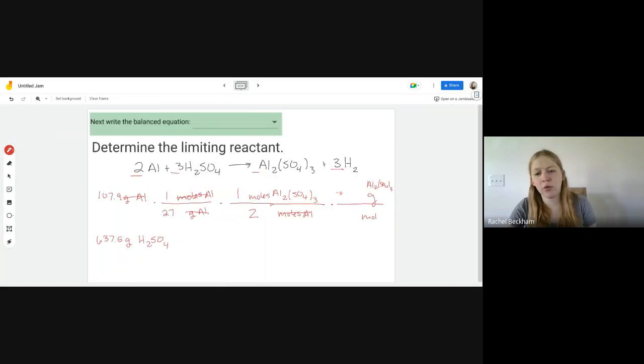So the 342 is going to go on top now because we want grams to be on top. And the 1 mole is going to be on bottom because we want that mole to cancel out. You are allowed to flip it depending on what you're trying to get to. So we're still doing molar mass. This is molar mass of aluminum sulfate. This is molar mass of aluminum. But in this situation, we're going to have it on top.